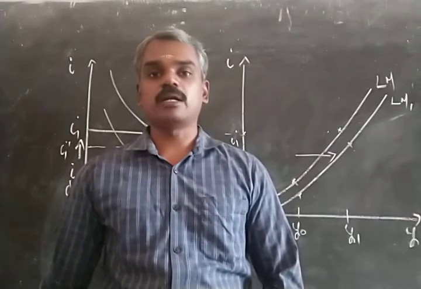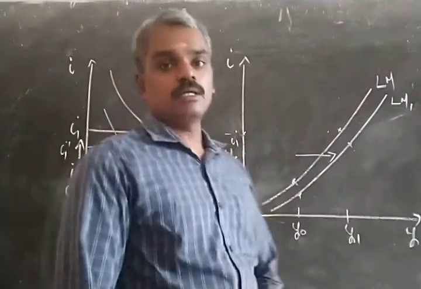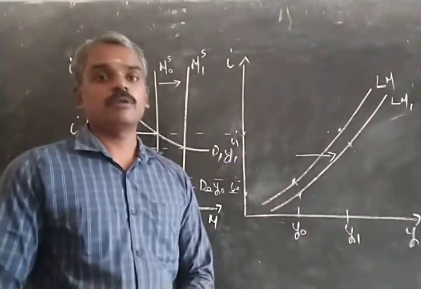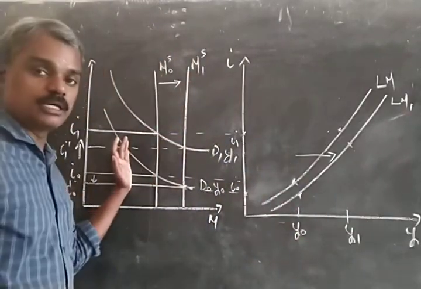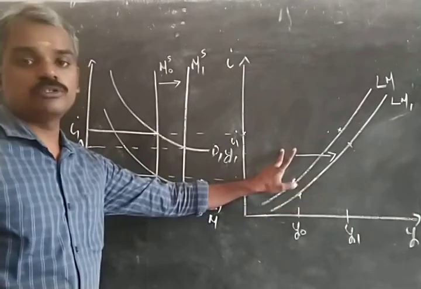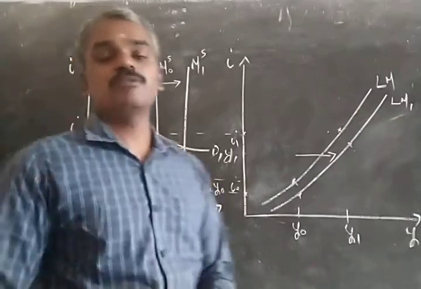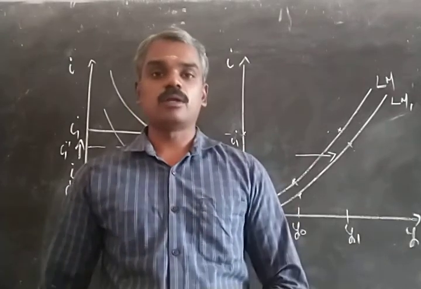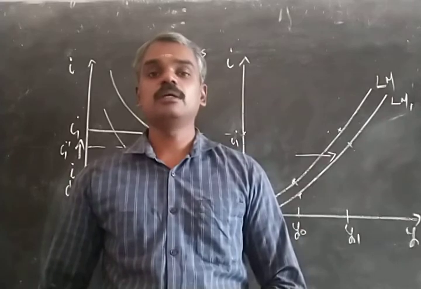A rightward shift in the money supply leads to a rightward shift in the LM curve. Now what could have happened if the supply of money had shifted left? If supply of money had shifted to the left, then the new LM curve would also have shifted to the left. There will be a lower supply of money, and demand for money will have to fall in order for the new money stock to be equivalent to the demand for money.